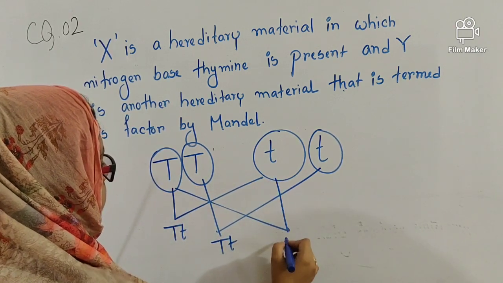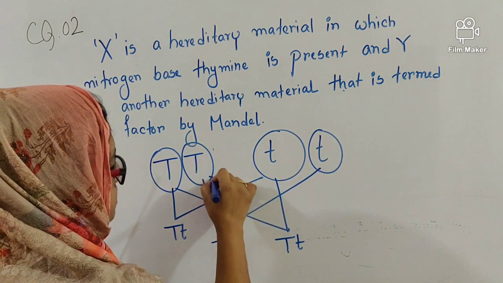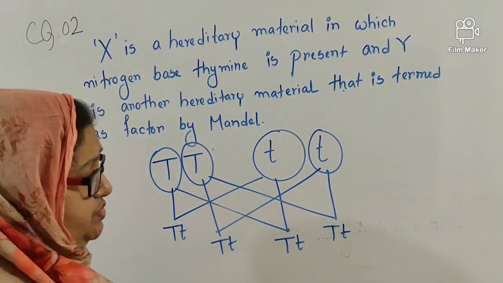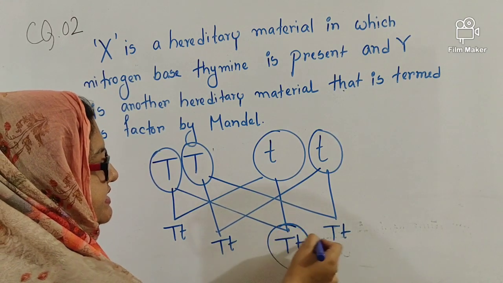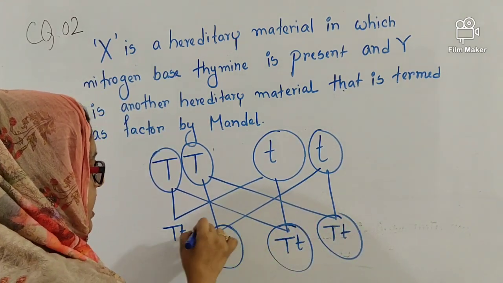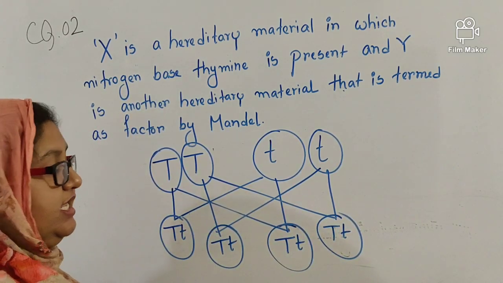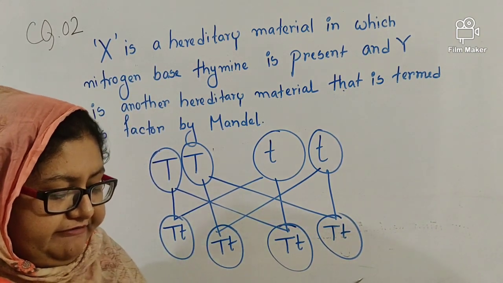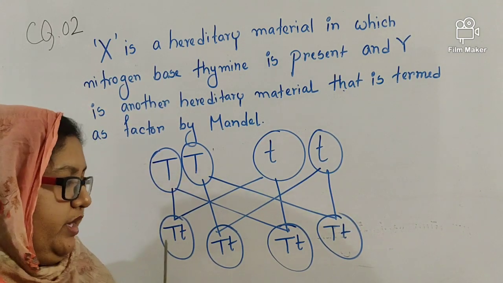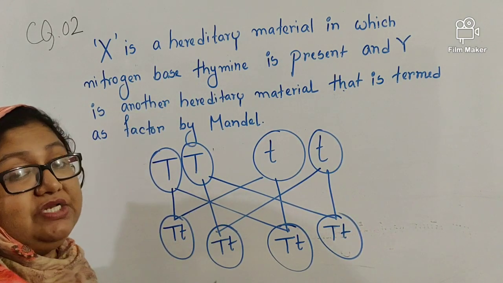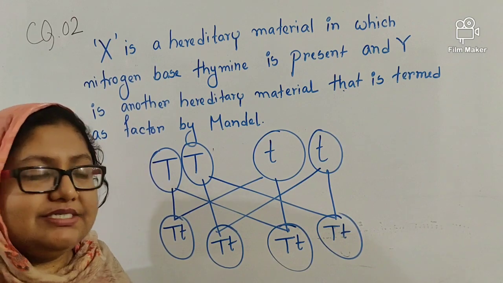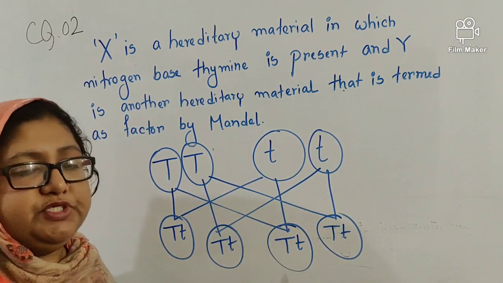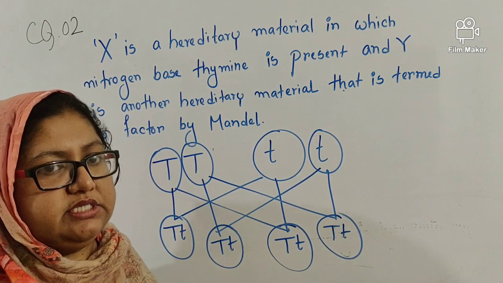My dear students, you can see all these plants contain a capital T. And as I have told you, if capital T is present along with a small t, the plant will be tall. Hence, it is a dominant character, or this gene is responsible for expressing the characteristics.